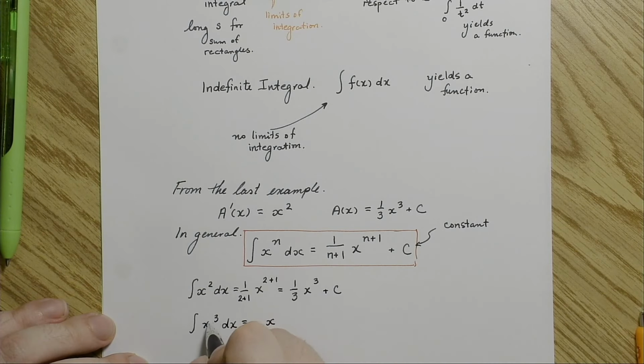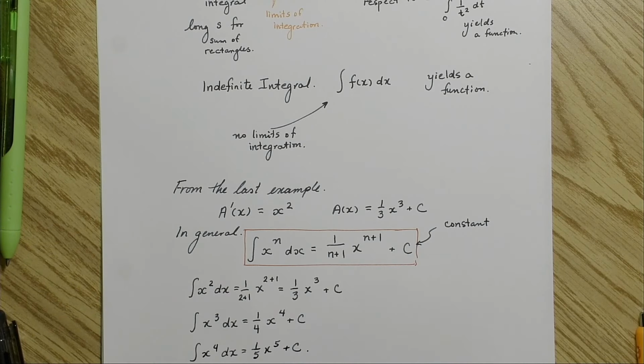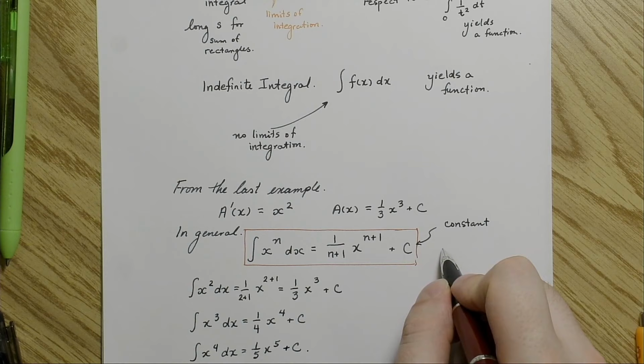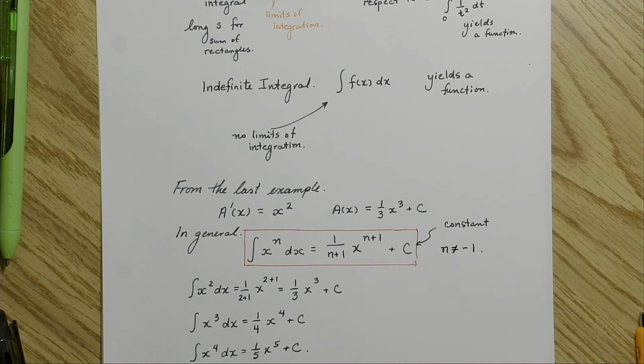Again, the exponent goes up by 1, and we have the fraction in front as well, plus a constant, and so on and so forth. Now I have to also mention that this is for n not equal to -1, because that is a special case.